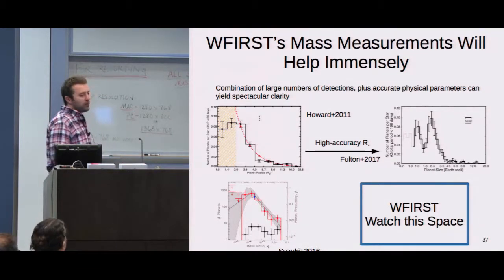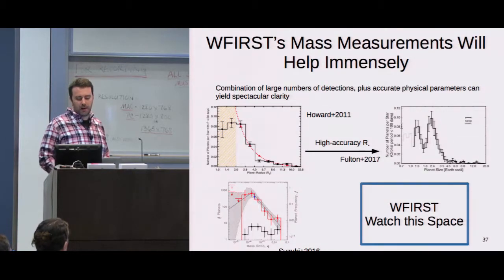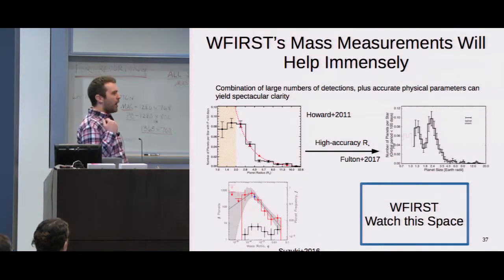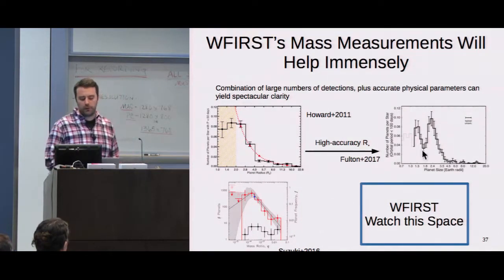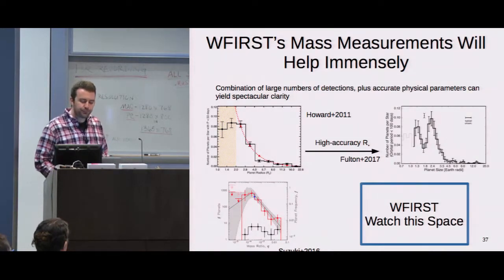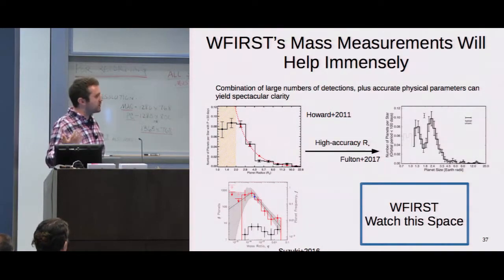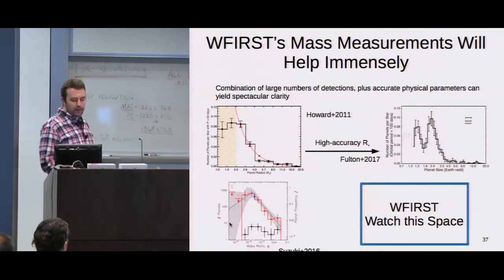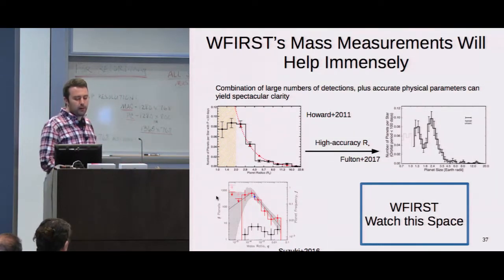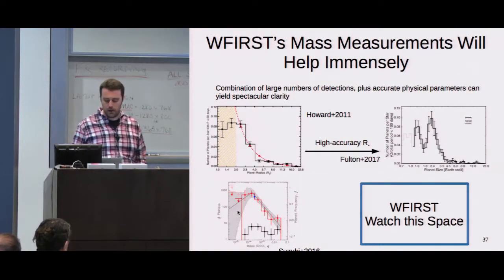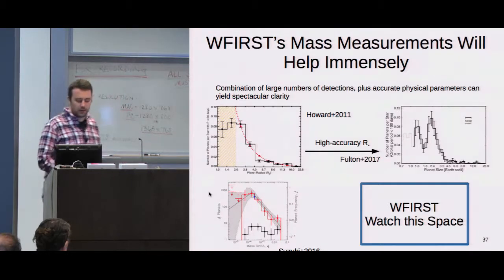And then if you combine that with the power to measure masses, not just mass ratios, in Kepler's case it was if you combined highly accurate stellar parameters, you can really resolve features in Kepler's case in the radius function of planets, but in WFIRST it will be going from plots that look like this, but this is a mass ratio occurrence rate plot. WFIRST automatically will get better number statistics on this and stretch it down to below even this axis.